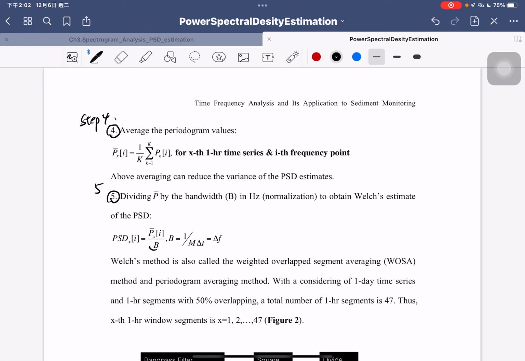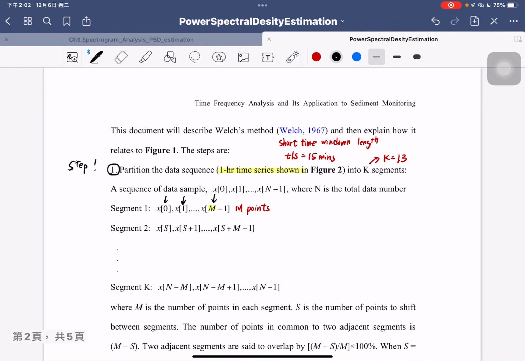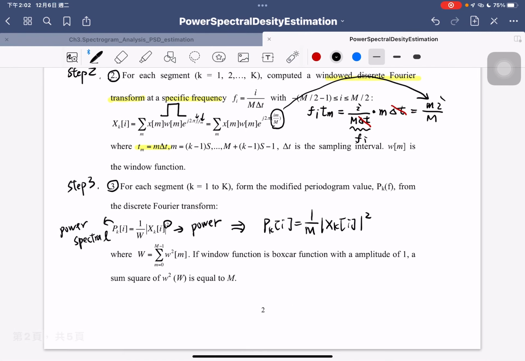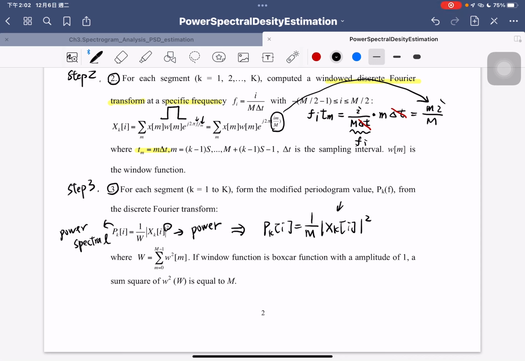Finally, we can compute the bandwidth B here. As we know, the bandwidth is the delta F. So for the previous equation, we should divide by the delta F.